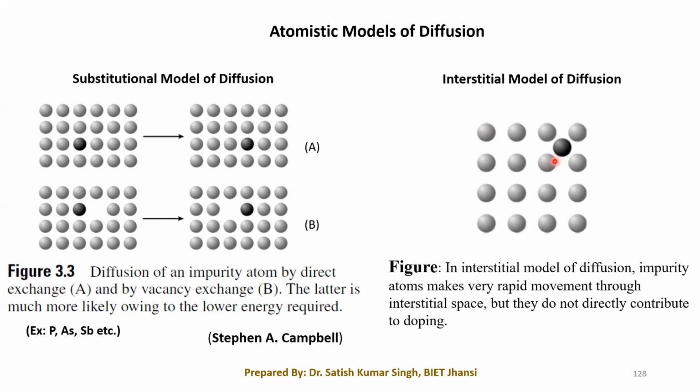Therefore, atoms occupying the interstitial spaces are electronically inactive. They are not going to add any electron or hole into your material, and hence they are not going to enhance the conductivity of your elemental semiconductor. That's why these atoms make a very rapid movement through the interstitial spaces, because neither formation nor breaking of bonds takes place.